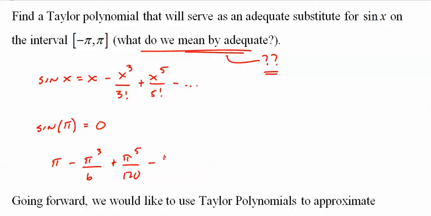Minus pi to the 7th over 7 factorial plus pi to the 9th over 9 factorial minus pi to the 11th over 11 factorial. So I'm going to put those into my calculator too.